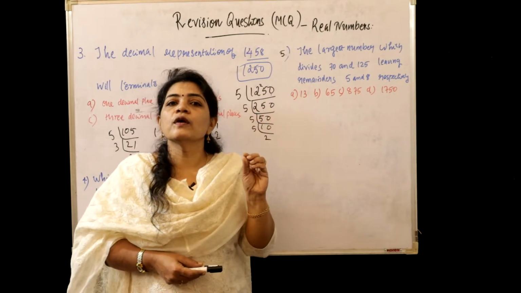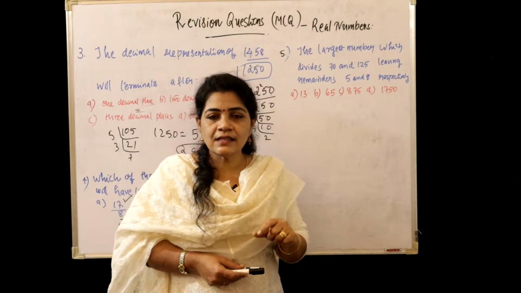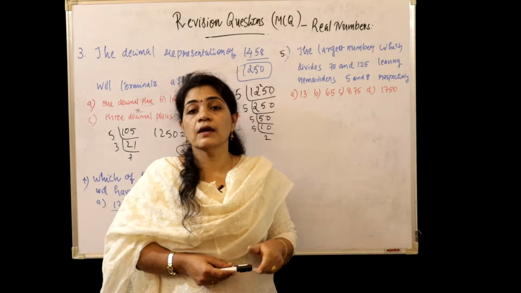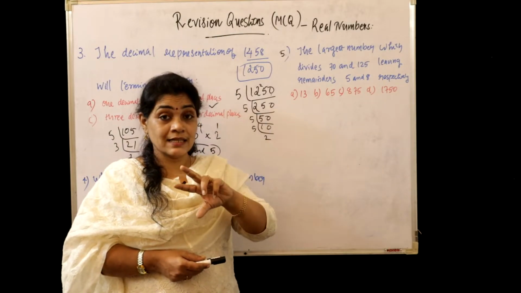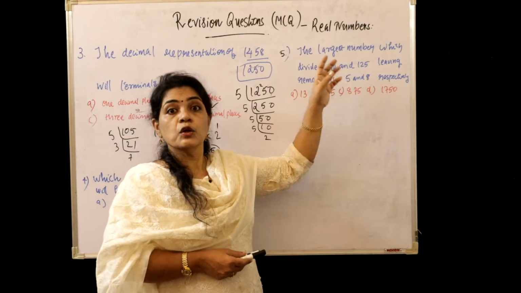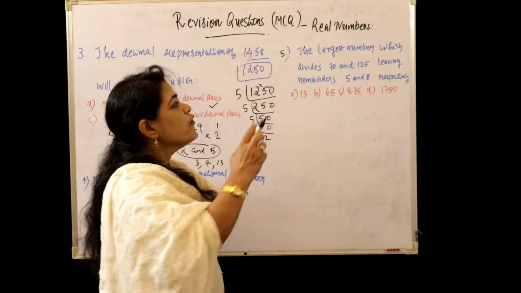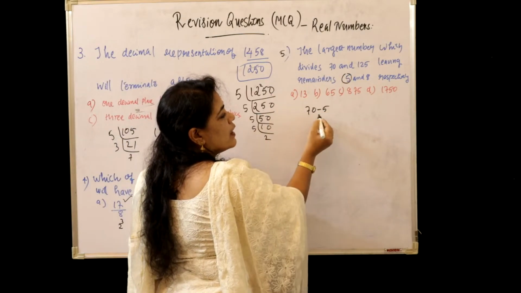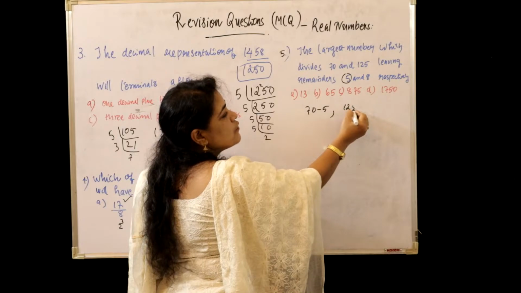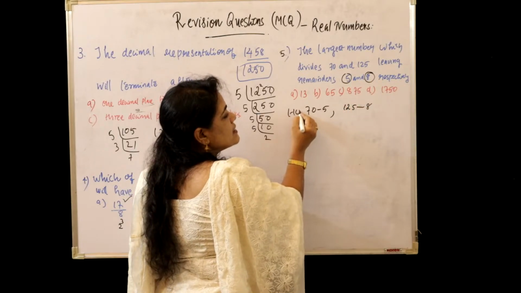So the required largest number, this is a very important question, you will get by finding the HCF. Not of the given numbers: you have to subtract, respectively, 5 from the first number, that is 70 minus 5, and 8 from the second number, 125 minus 8, and take its HCF.